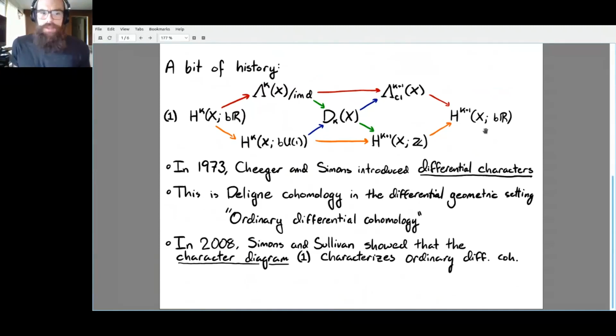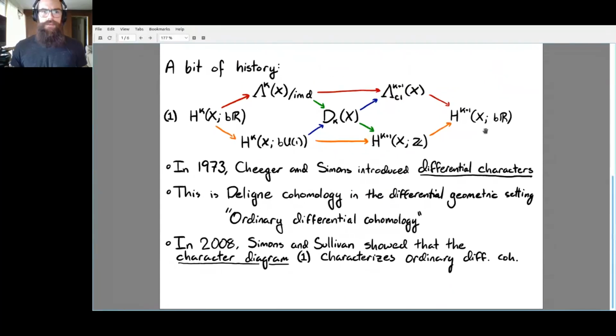Now, in 2008, Simons and Sullivan showed that the character diagram, which is drawn up here, this hexagonal diagram relating the differential cohomology groups you find in the middle with the integral cohomology and the closed k+1 forms, the closed forms on a smooth manifold X, actually characterizes ordinary differential cohomology.